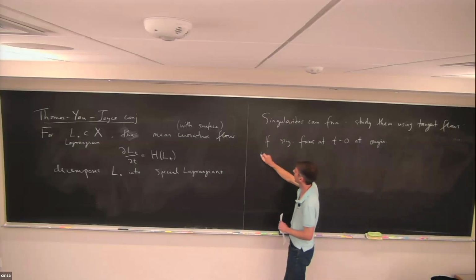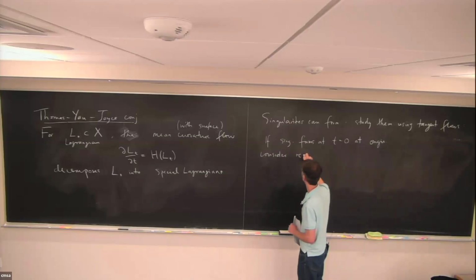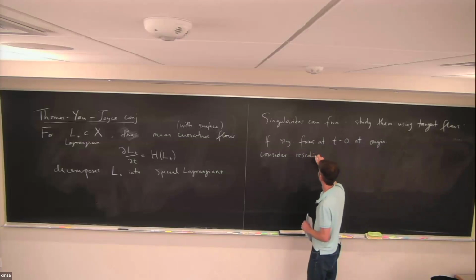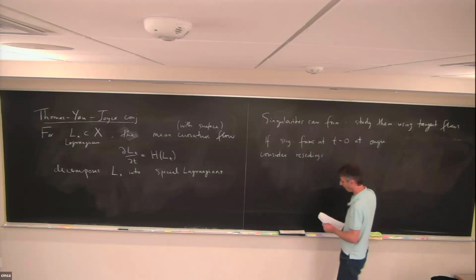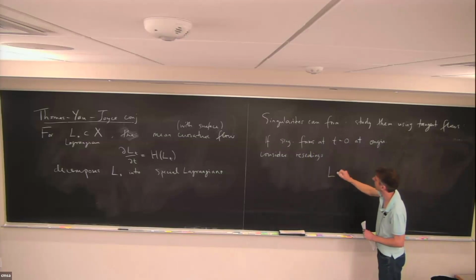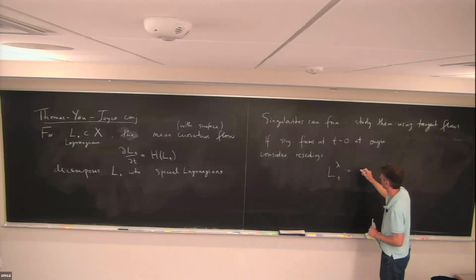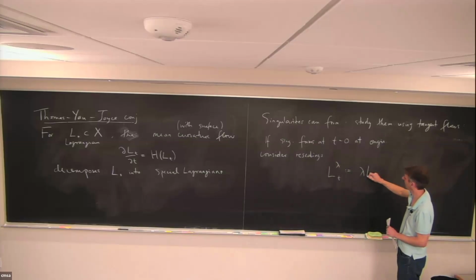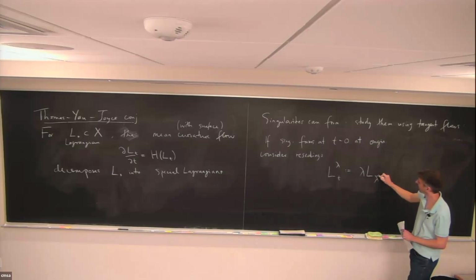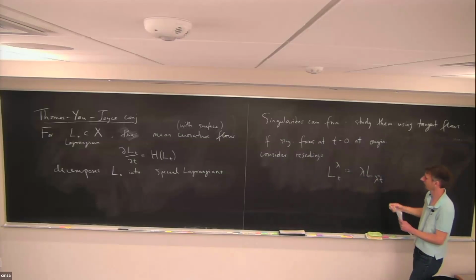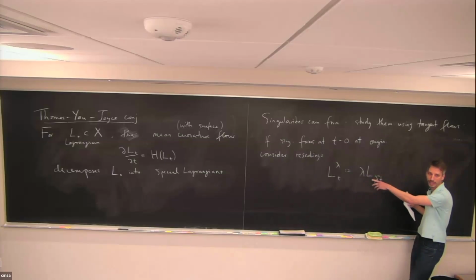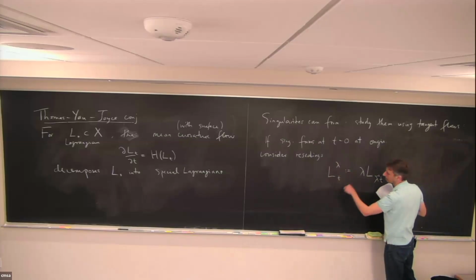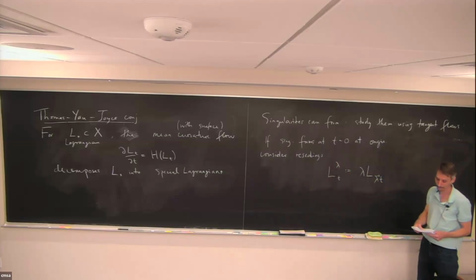Then we consider these rescalings. For any positive lambda, you can make this new flow, which is lambda times L, lambda to the -2t. This is the correct parabolic scaling, so that for each lambda, this also satisfies mean curvature flow.